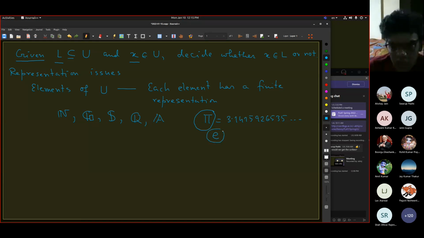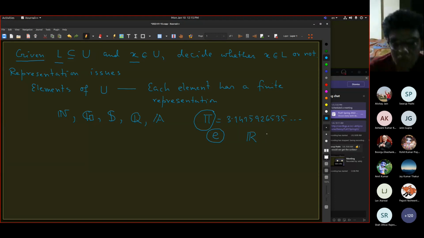But how many real numbers can you represent this way? You will eventually run out of the English alphabet, the Greek alphabet, the Hebrew alphabet, and so on. In any case, representing all elements of R is not possible.